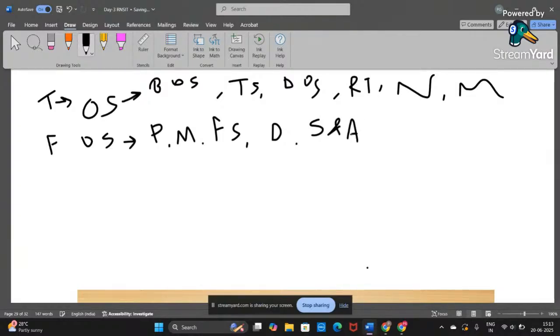These are the functions of OS. First I have written the types of OS: batch, time sharing, and so on. And next I have written the functions of OS. Based on this, you're going to get a question.